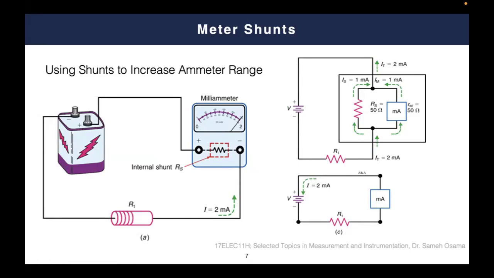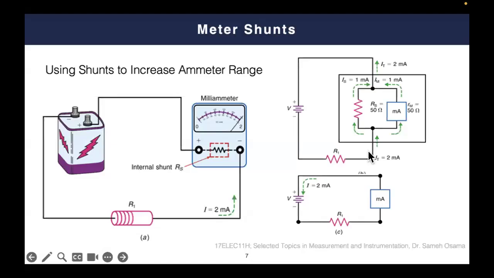And in principle, this current should be the same regardless of the tool you are using. So regardless of the type of ammeter you insert in the circuit, you should get the same value.